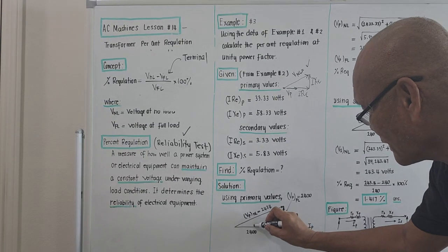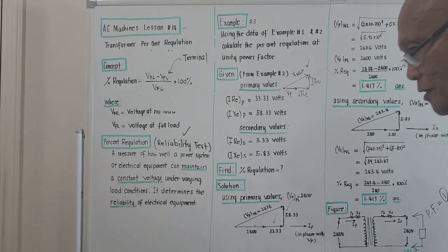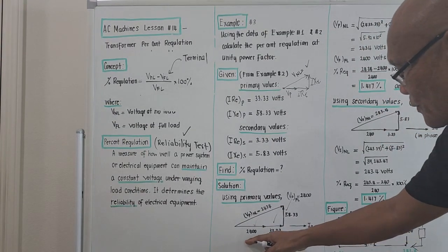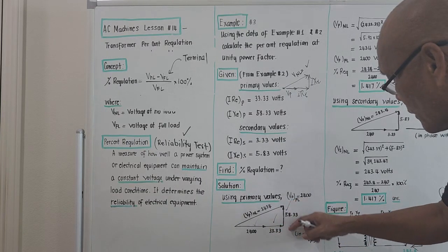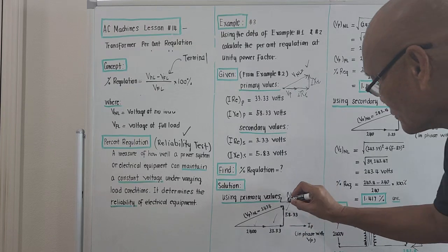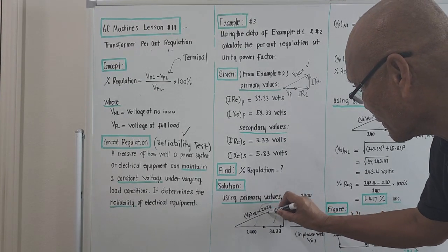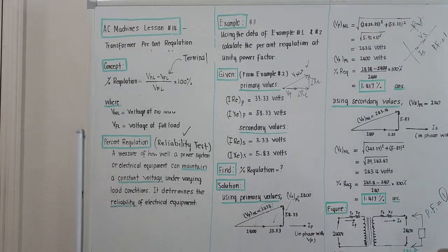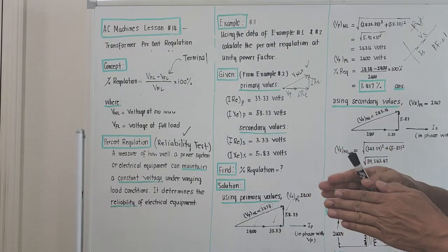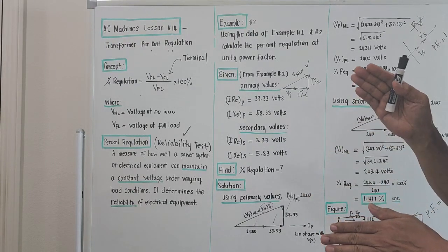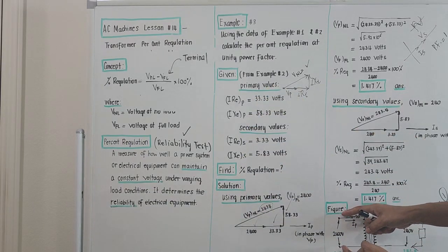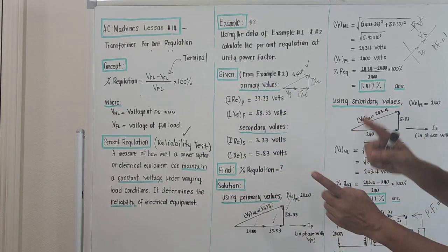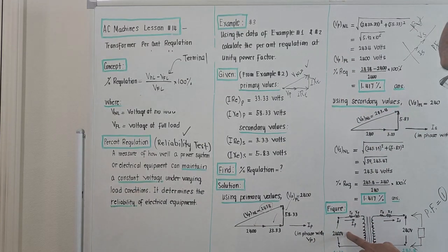This is the original terminal voltage at full load. So to get this 2400, we must add this 33.3 vectorially with this to get a total value of 2434. Right? The utility company must produce 2434, so when it arrives at the terminal of the primary of the transformer, it will come out as 2400.